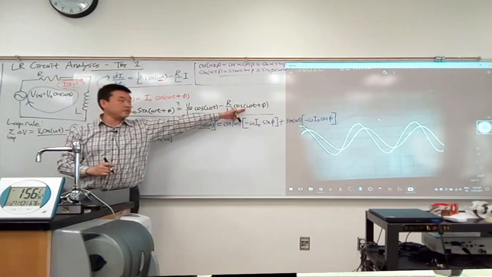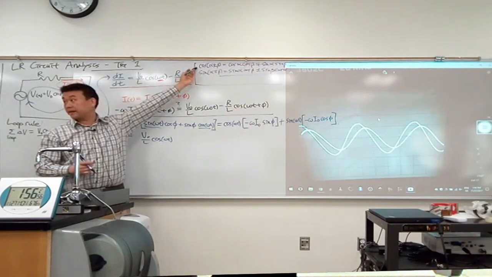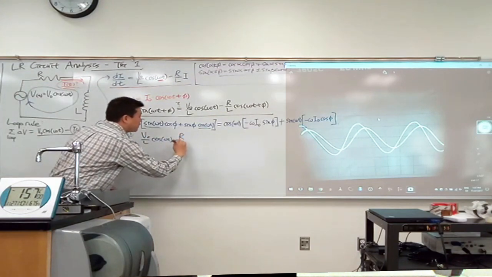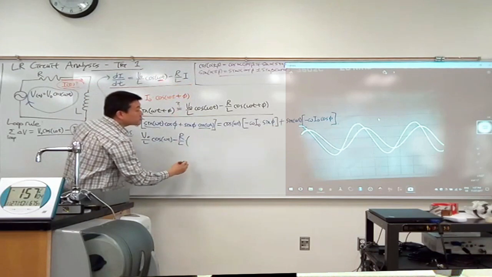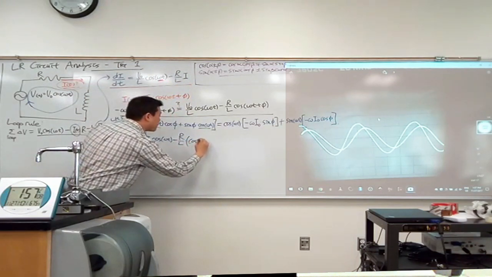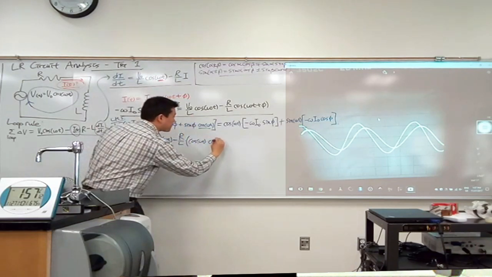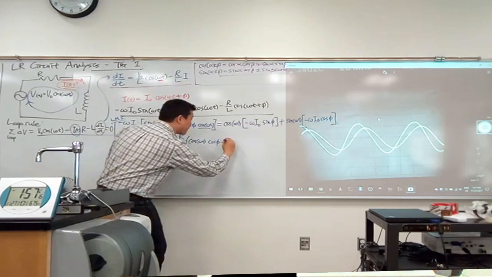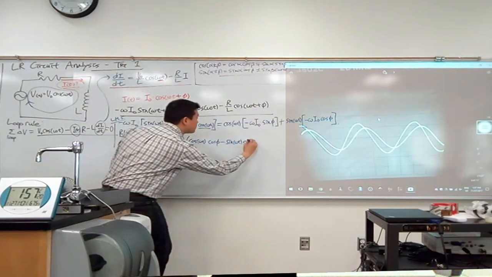And then this, I have to expand out the same way I did it before, this time using the cosine angle addition formula. So minus R over L times, all right, looking at that, it's cosine of omega t times cosine of phi minus sine of omega t times sine of phi.